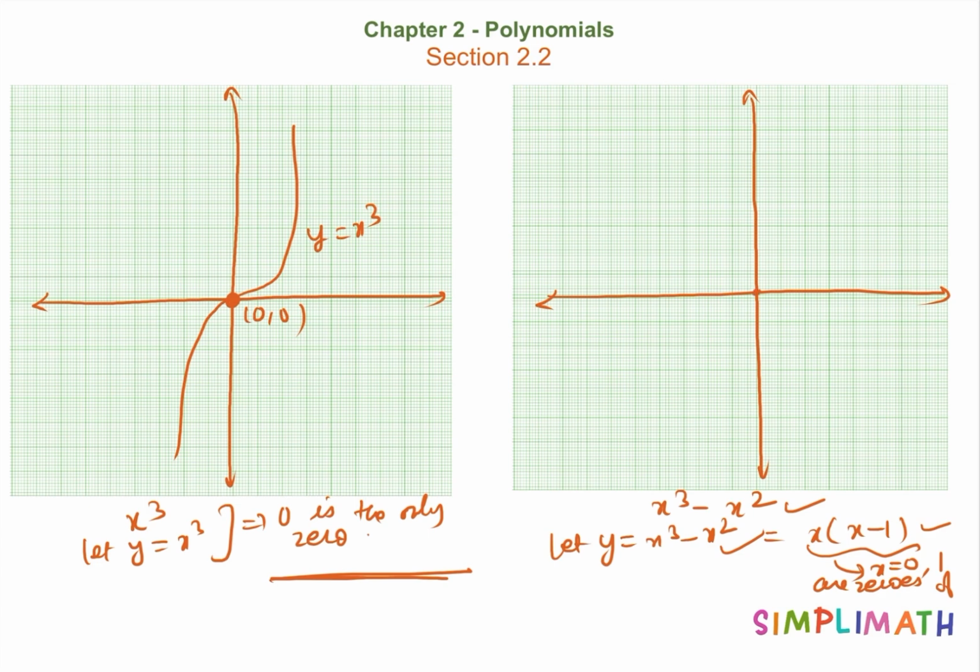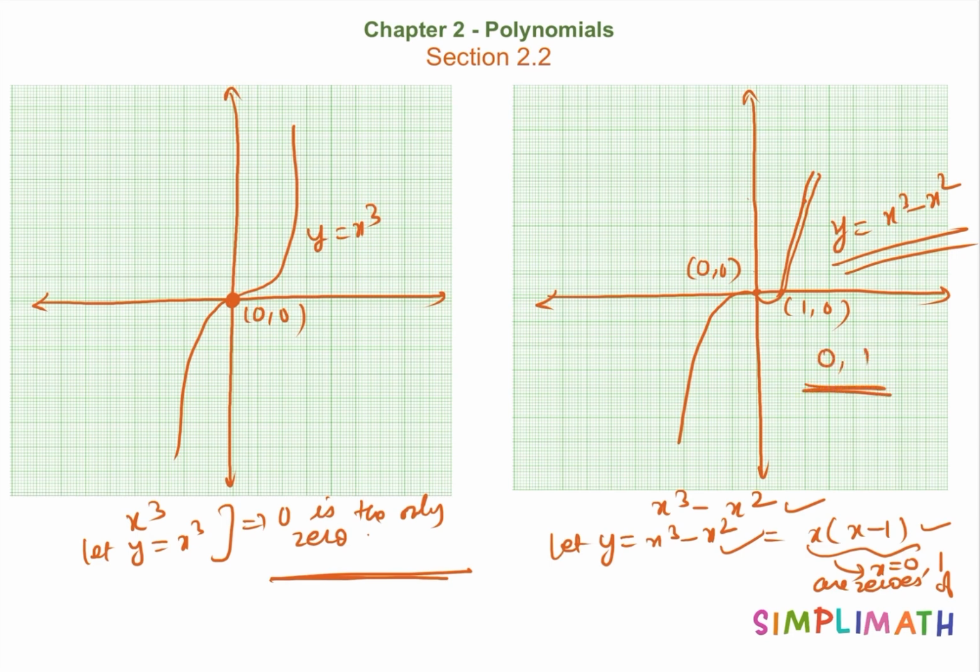Now I'll plot them quickly for you. So the graph of y equals x cube minus x square looks something like this. From here I can say that the graph intersects the x-axis at 0 comma 0 and 1 comma 0, and the x coordinates of the points where the graph intersects are 0 and 1, and 0 and 1 are the same as the zeros of this polynomial.